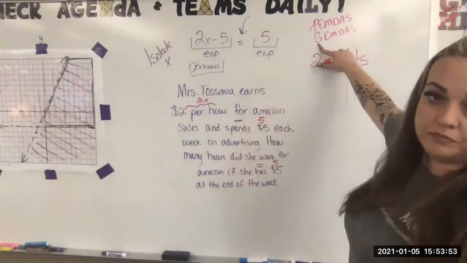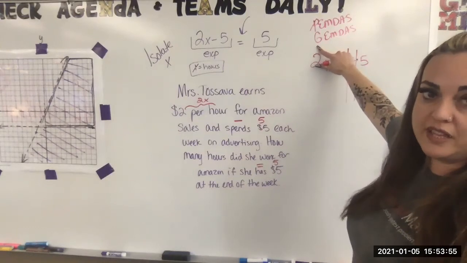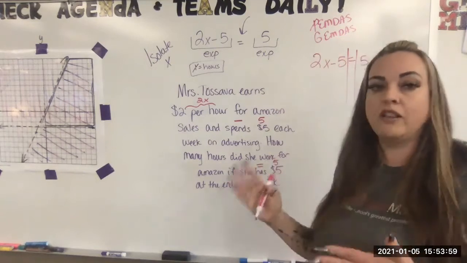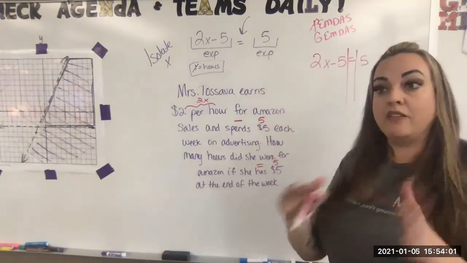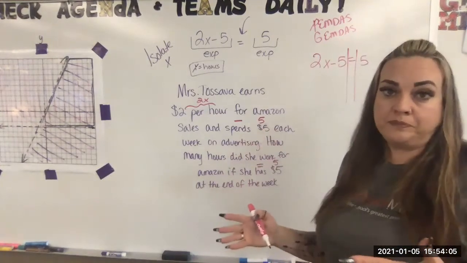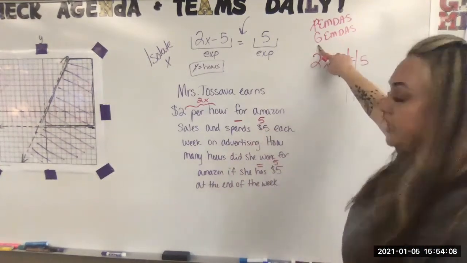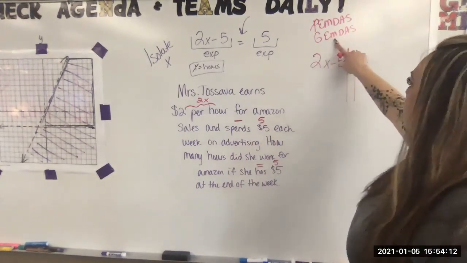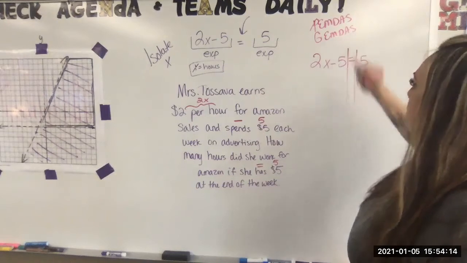Hence the G. You do anything that is being grouped, because sometimes it's not always in parentheses. As you get into higher level math, it could be in other symbols, brackets, absolute value symbols, things like that. So we do grouping, then exponents, then multiplication, division, then addition, subtraction.